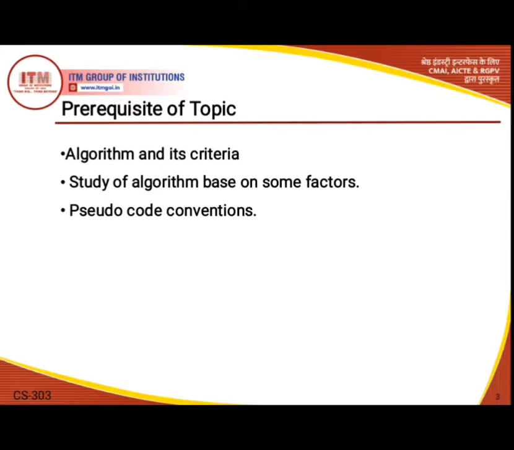You should also have knowledge about these algorithms on the basis of some factors, like how to devise algorithm, how to analyze algorithm, how to perform testing. As well as you should have knowledge about some pseudocode conventions. These pseudocode conventions are generally used to write down the algorithm in a specific procedure in a sequential way.